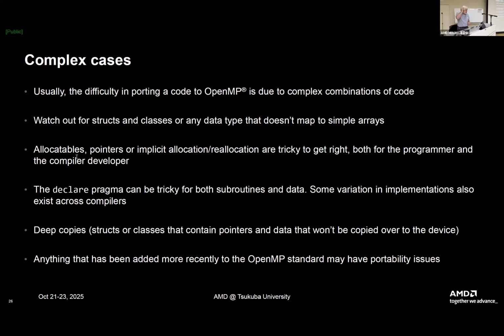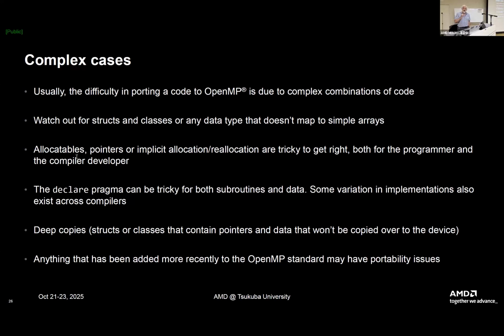Where we really get into trouble is if you're doing stuff with structs or classes. So we've got a bunch of examples in the exercises for these cases that you can look at. What happens if I've got a struct? It's going to copy over the structure, but if you've got a pointer in the structure that's been allocated to an array, it's not going to copy that. That's called a deep copy.